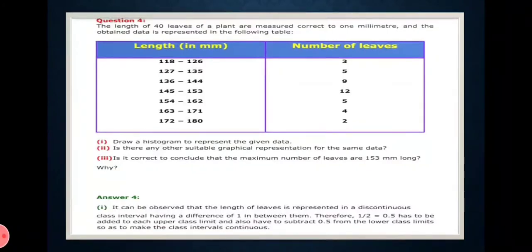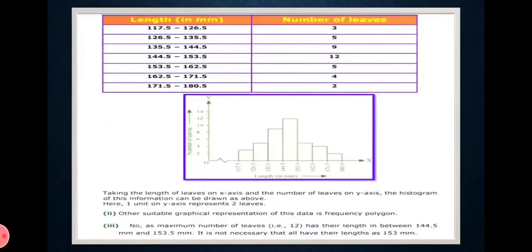So first we make the class intervals continuous by adding 0.5 to all the upper limits and subtracting 0.5 from all the lower limits of the respective classes. And then we will make a graph. So let's make a new table for that. You can see the length: we have subtracted 0.5 from the lower limit and added 0.5 to the upper limit.